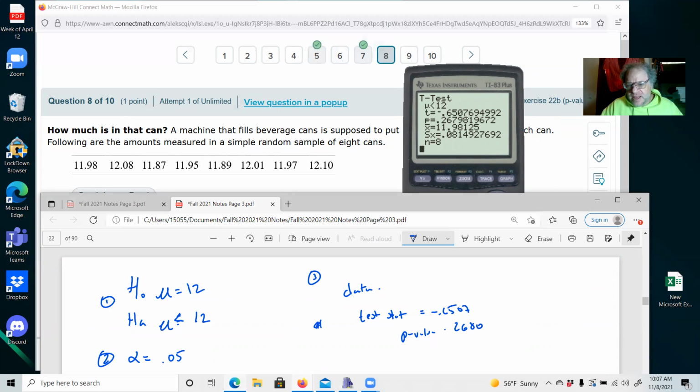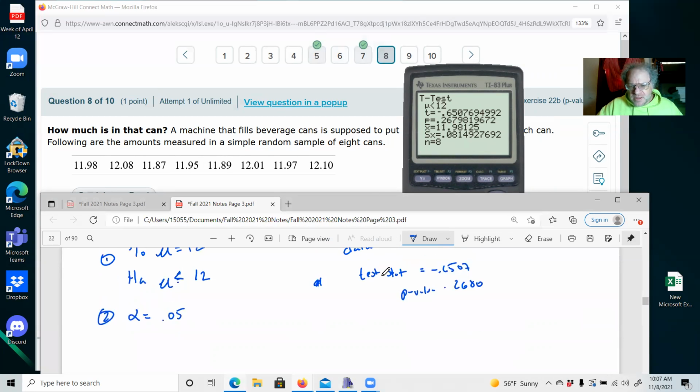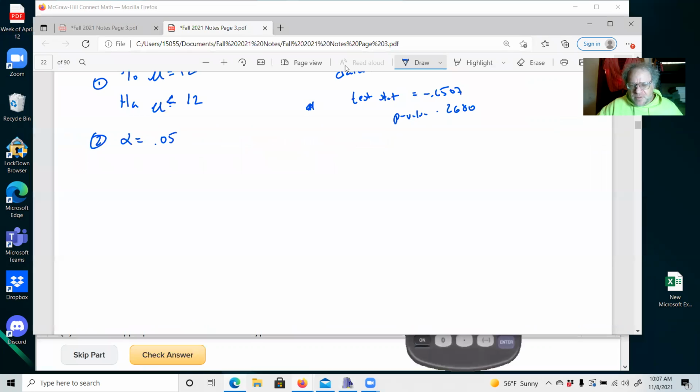We have to round this, so it will be rounded up, which will change this one. Everything else looks good. So let's look at my p-value, 0.26 there. That's our p-value.